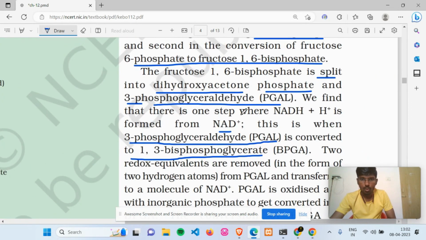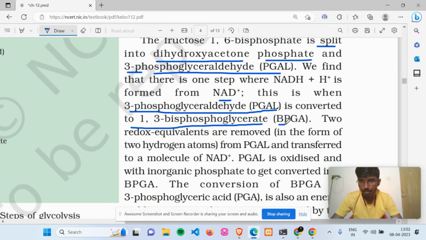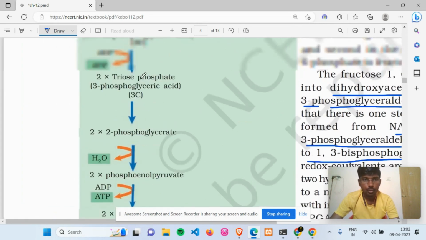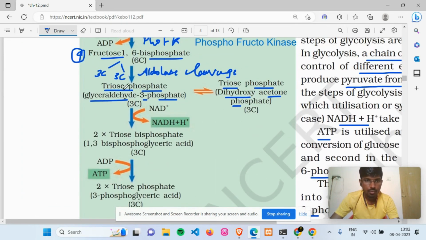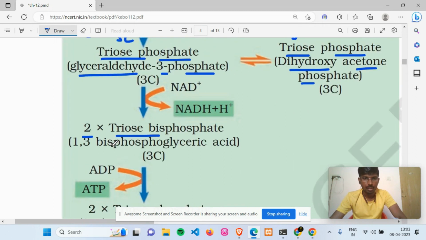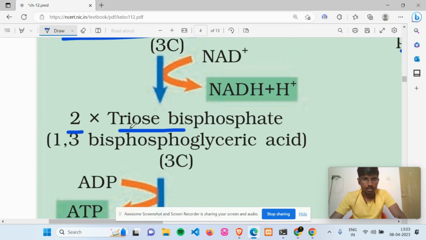We find that there is one step where NADH plus H plus is formed from NAD plus. This is when 3-phosphoglyceraldehyde is converted into 1,3 bisphosphoglyceraldehyde, BPGA. Here the triose phosphate glyceraldehyde 3-phosphate is getting converted into a triose bisphosphate. This is the fifth reaction.